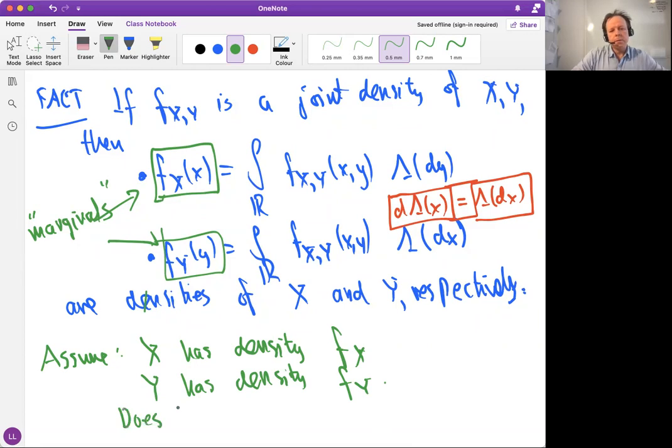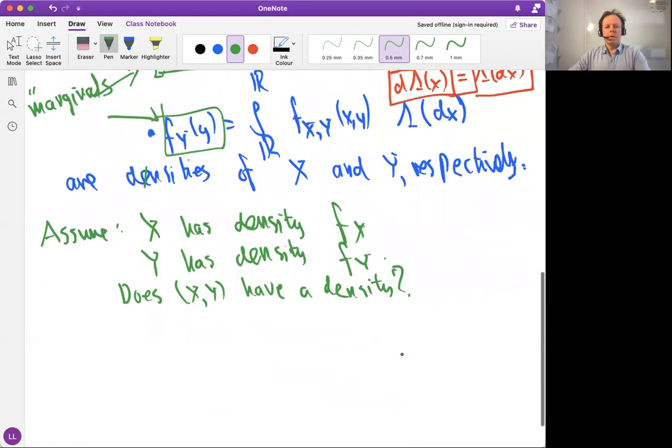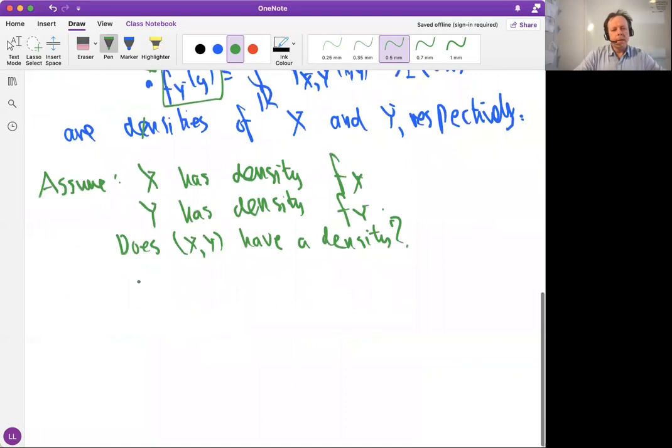Does the joint law have a density as well? And if yes, how to get it?